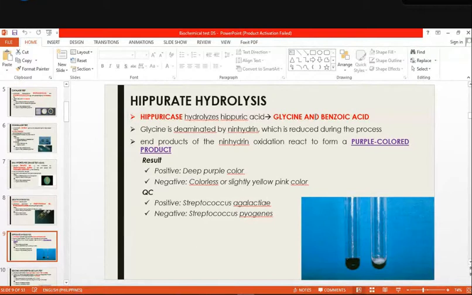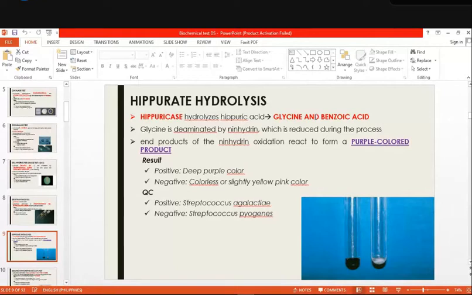The ninhydrin will react with any protein or amino acid. Dito, ang nag-react siya with, of course, our glycine. Now, the glycine is deaminated by the oxidizing action of ninhydrin, which causes the reduction of ninhydrin, resulting now in a purple colored complex or a purple colored product.